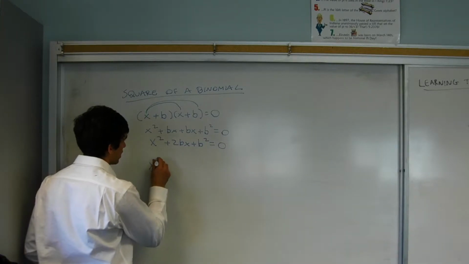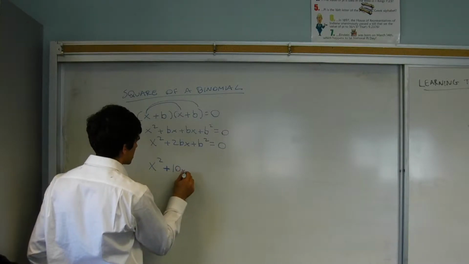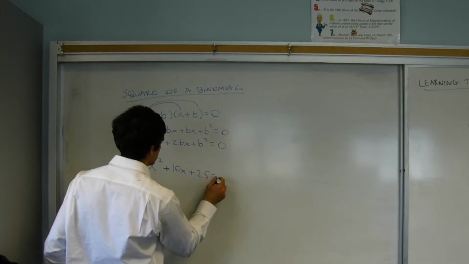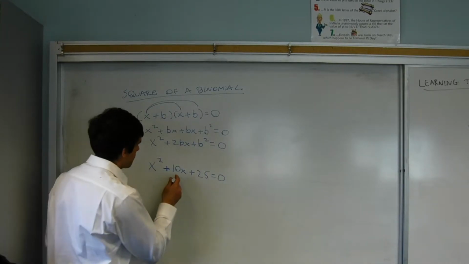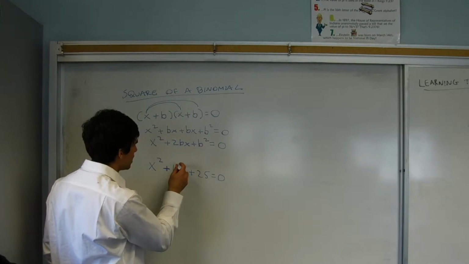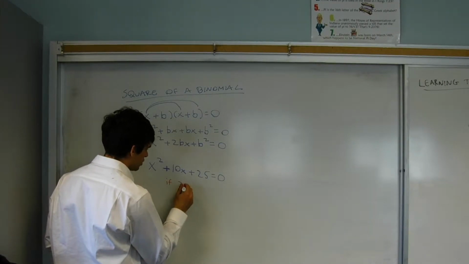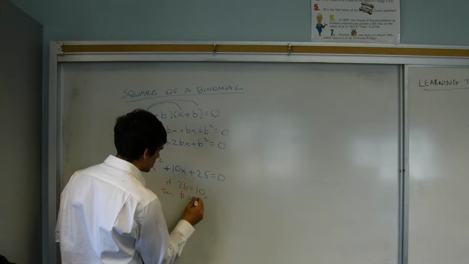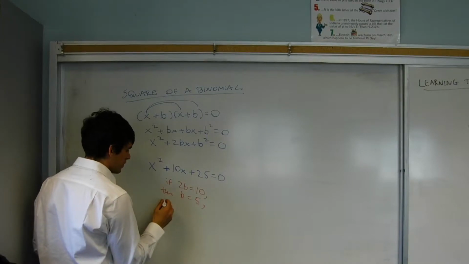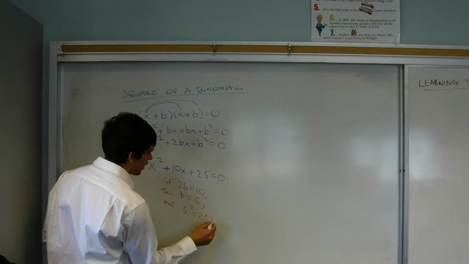Suppose we have x squared plus 10x plus 25 is equal to 0. We can notice, oh, hey, if 2b is equal to 10, then b is equal to 5, and 5 squared is equal to 25.